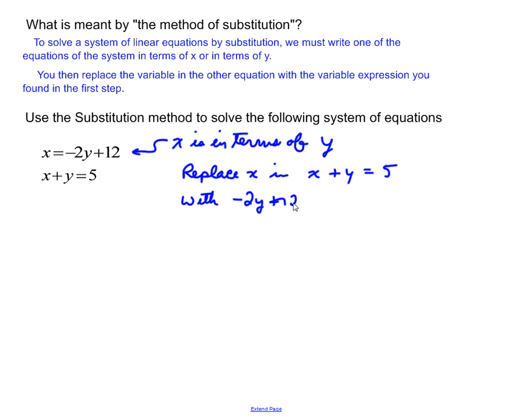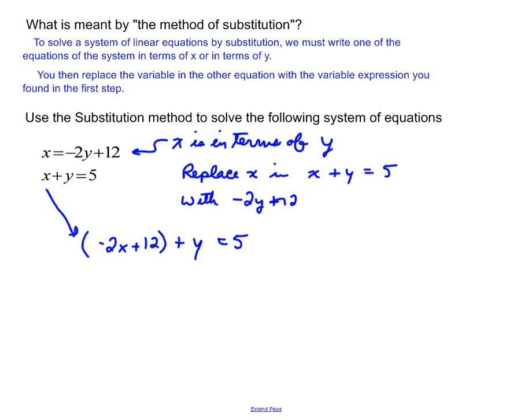So let's carry that out. Let's see what that means. So we have x plus y equals 5, replace x.